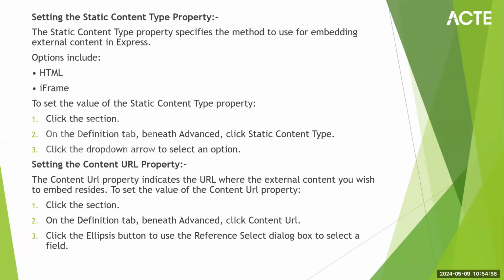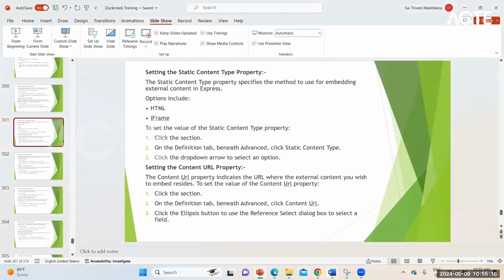Nothing but on the UI, or while creating the policy, there will be some text which is by default displayed in the policy, this kind of static content. For example, I'll show on the UI.